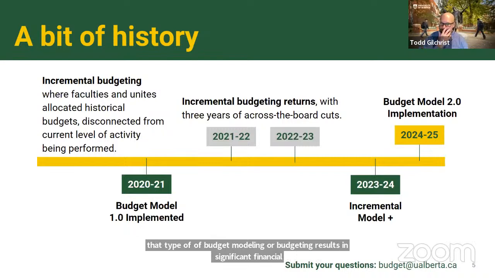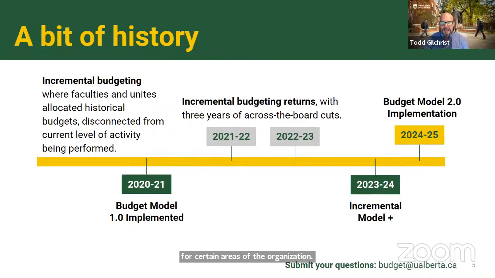In 2017, the university decided to move away from this sort of outdated incremental approach and work to adopt an activity-based budget model. For the purposes of today, you'll hear us talk about budget model 1.0. You can see that on the screen here. And we'll talk about budget model 2.0 on the right hand, 1.0 being on the left hand, 2.0 being on the right hand side.